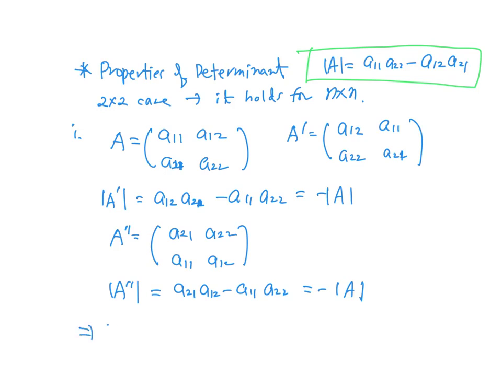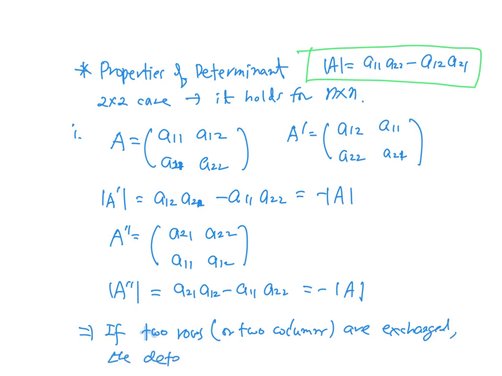So if two rows are exchanged, the determinant changes by the sign.